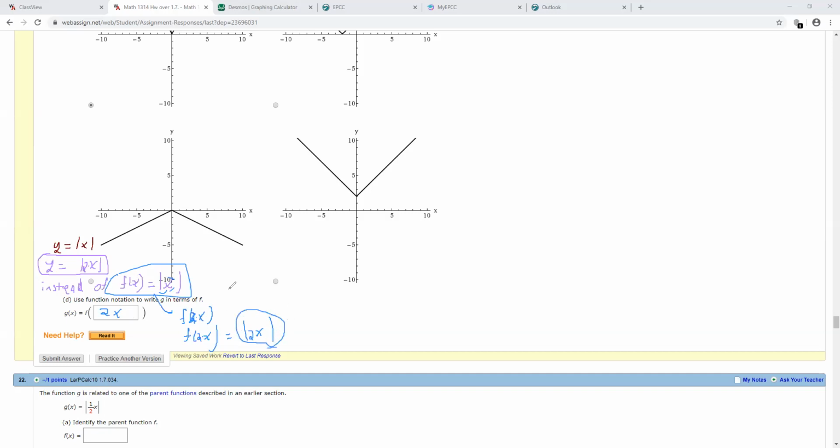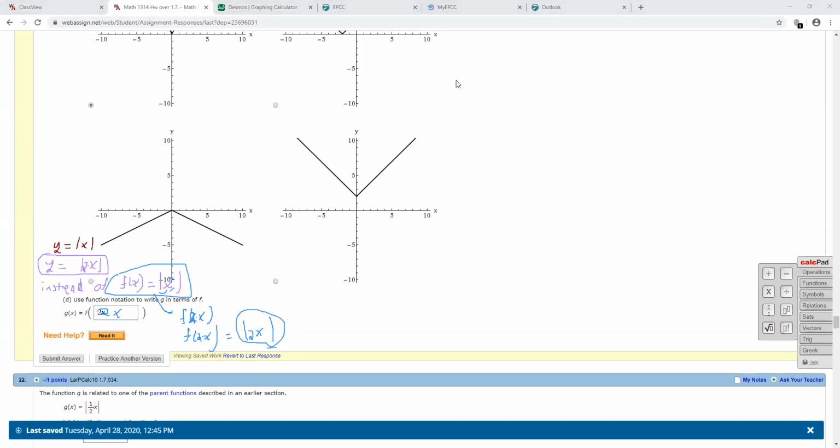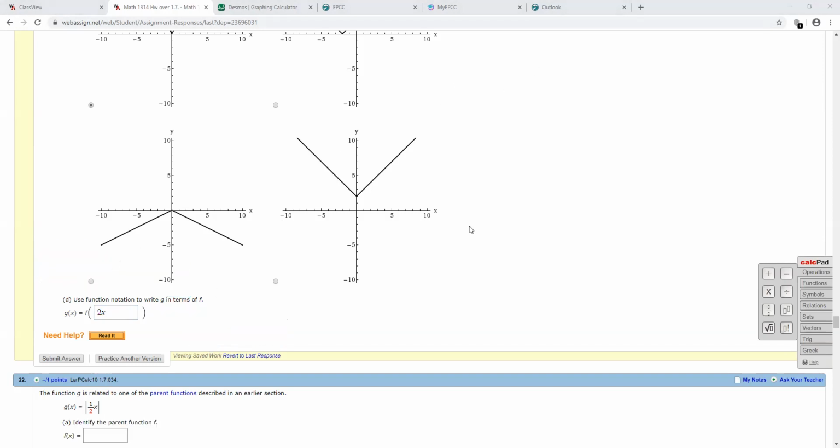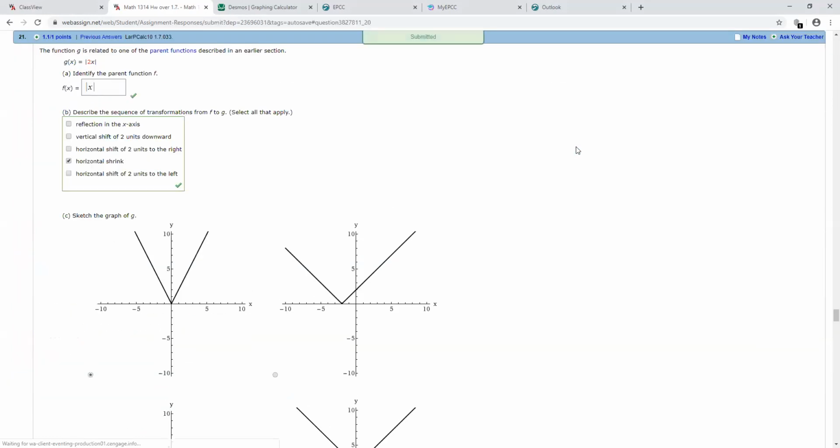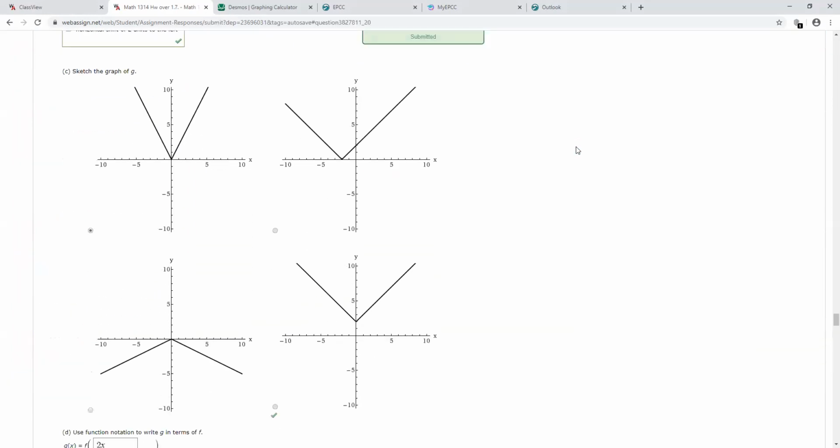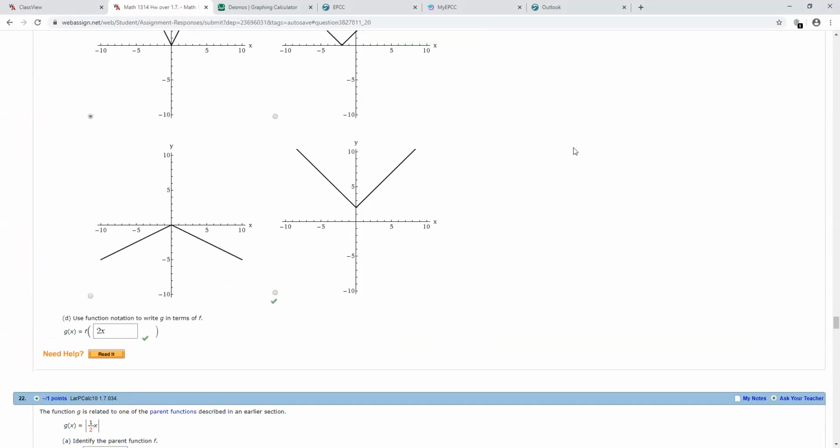So here we're just going to type 2x. And let me clear all that. And check. And we are good. Okay.